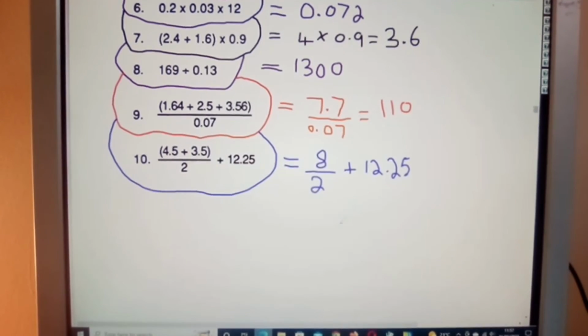So what is 8 divided by 2? 8 divided by 2 equals 4.